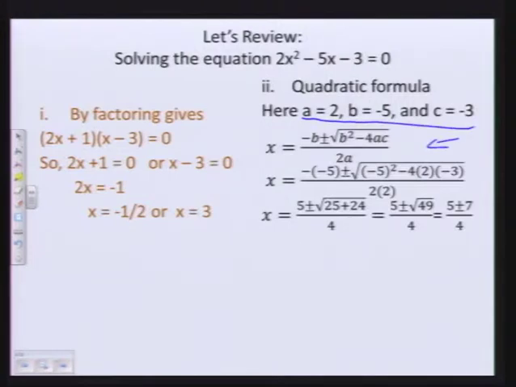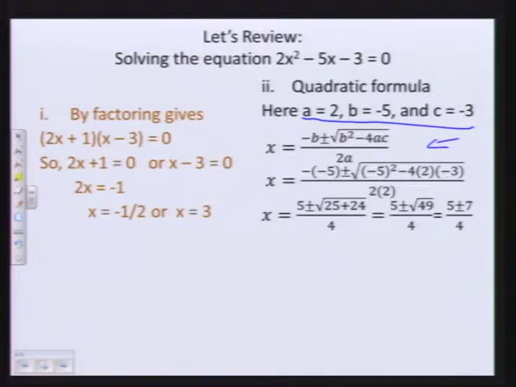Once again, we previously saw our quadratic formula a moment ago. Notice it's minus b, so we have a minus negative 5, plus or minus the square root of negative 5 squared minus 4 times 2 times negative 3, all divided by 2a, which in this case is 2 times 2.